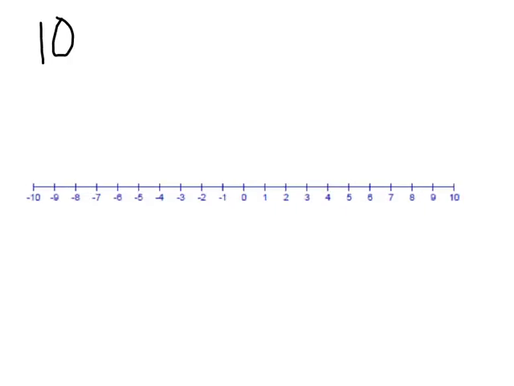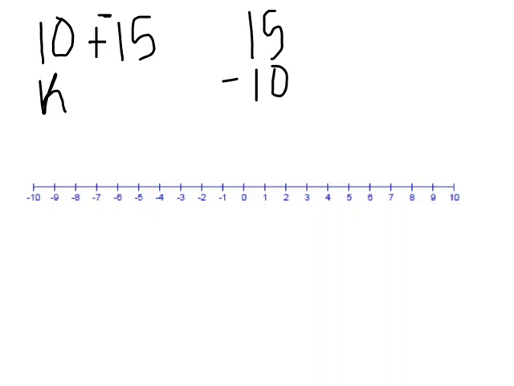Let's do another one. Let's say I had 10 minus 15. Again, I'm going to use keep, change, change. I'm going to keep the sign of my 10. I'm going to change my subtraction sign to an addition sign, and I'm going to add a negative to the 15. So I'm going to take 15, I'm going to subtract 10 because my signs are different. 15 minus 10 is 5.